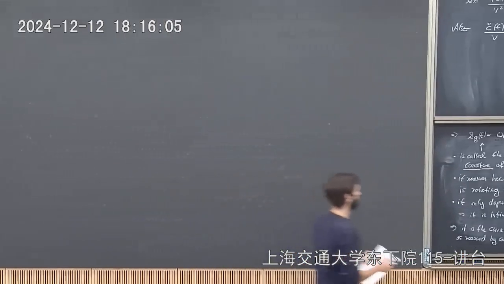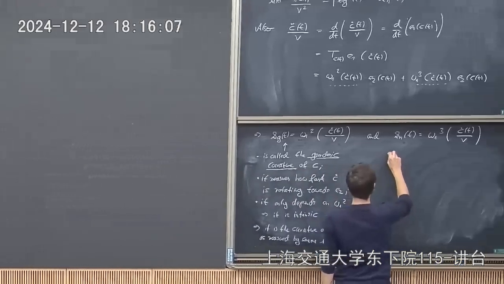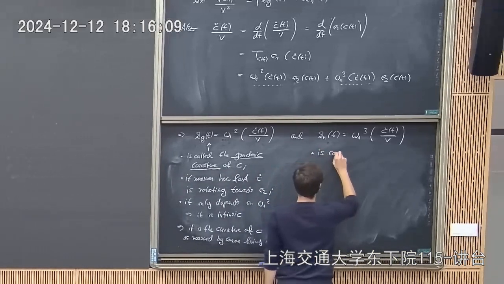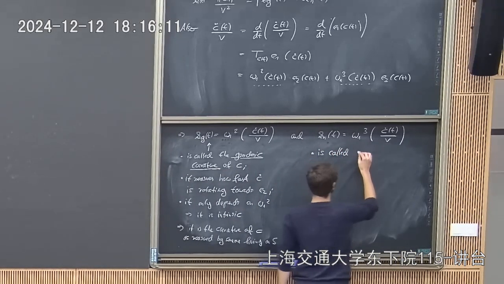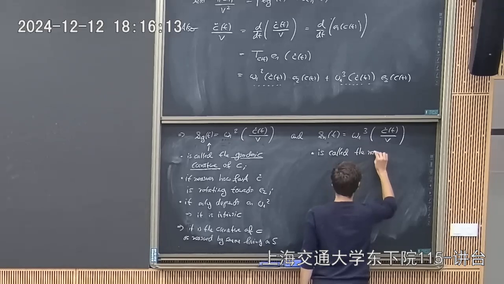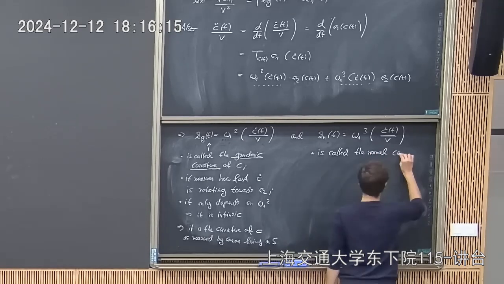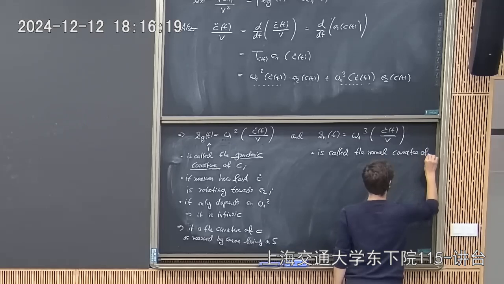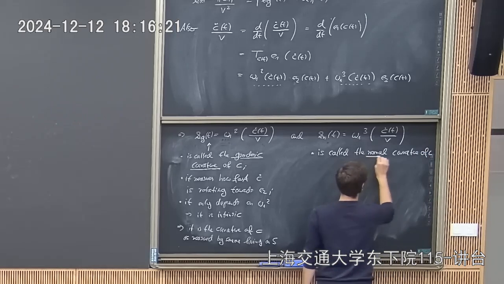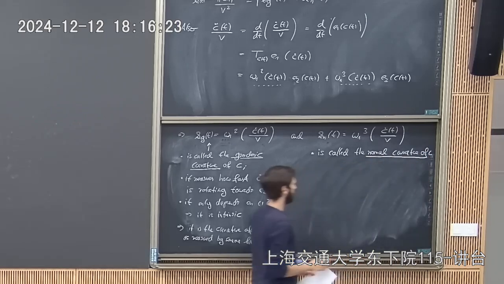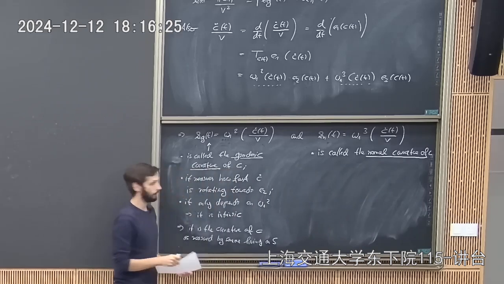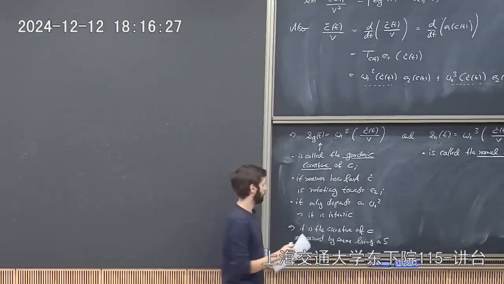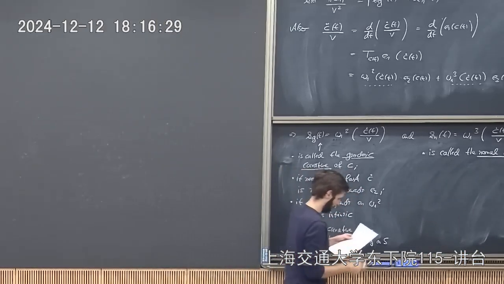This part here is called the normal curvature of C, the curve. So it's not the normal curvature of the surface, but it will be very much related to that. We will see that in a second.